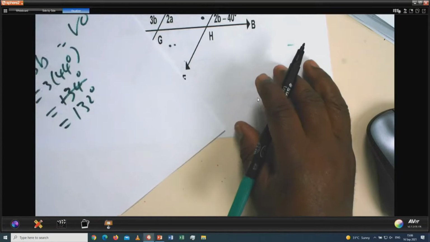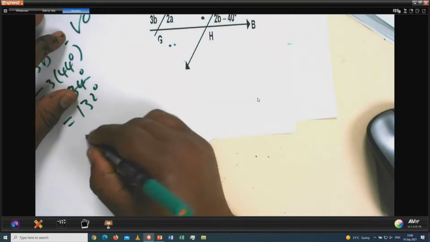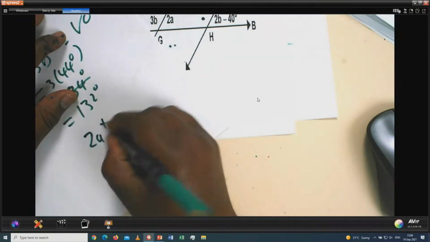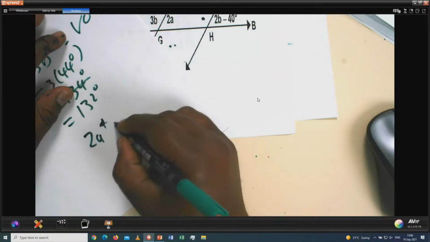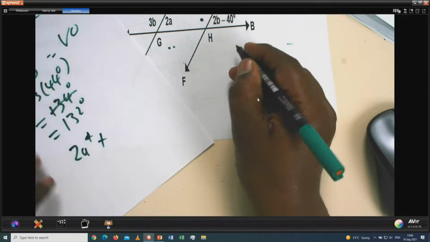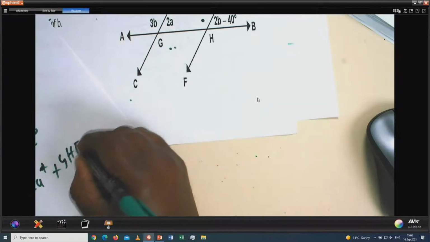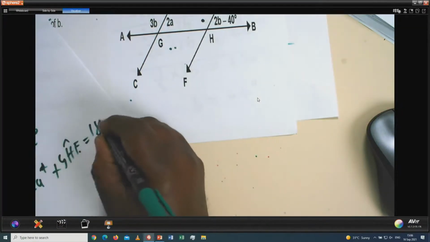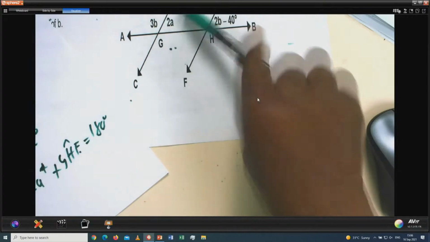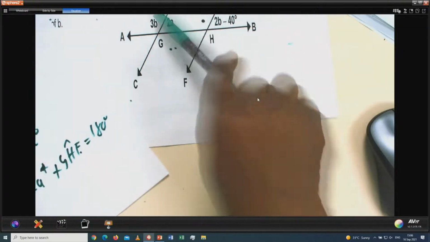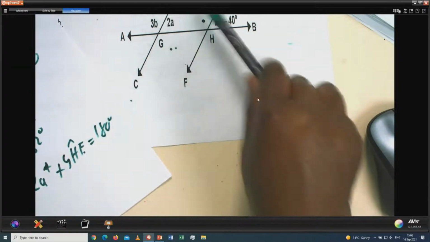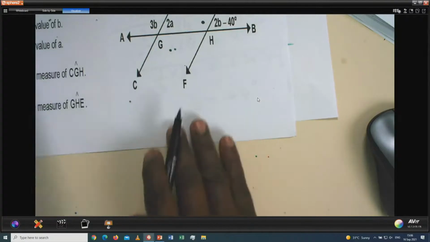In my case, I'll say 2a plus GHE equals 180 degrees. Why? Co-interior angles of parallel lines equal 180.